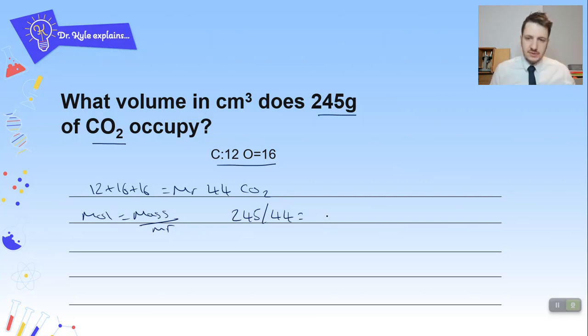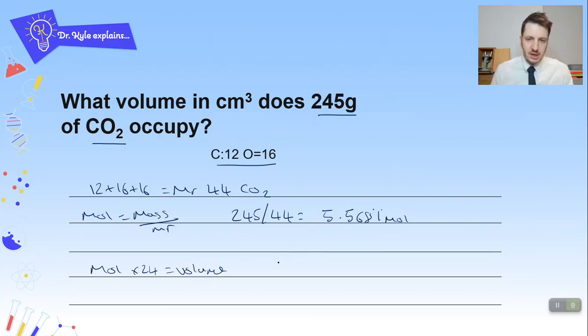And so that's 5.568 reoccurring moles. Now I'm just going to keep that number in my calculator, because what do we do? Moles times 24 equals volume. And so therefore I'm going to times that by 24.